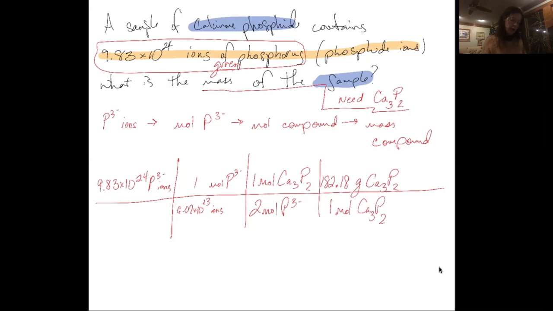Now I'm just going to take that and multiply it by the other number on top, and divide by parentheses Avogadro's number times 2. I'm going to get, rounded to the appropriate number of significant figures, 1.49 times 10 to the 3rd. And that is grams of calcium phosphide.